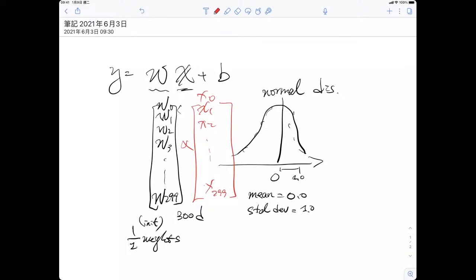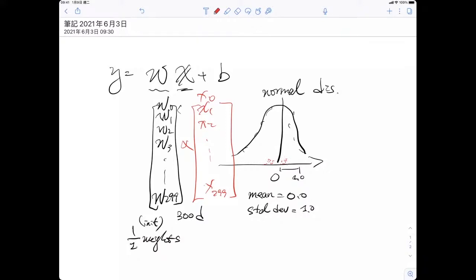Some of the initial weights do not pass any information from the input to the right hand side, or some of the initial weights are quite close to 0, right?